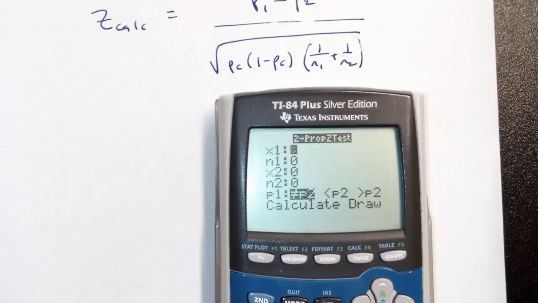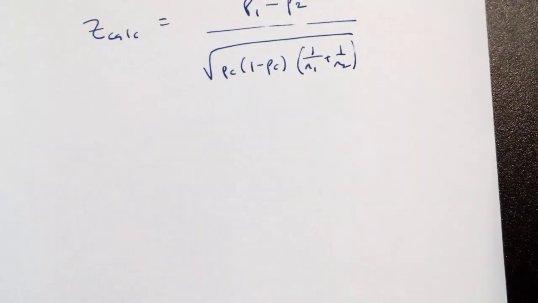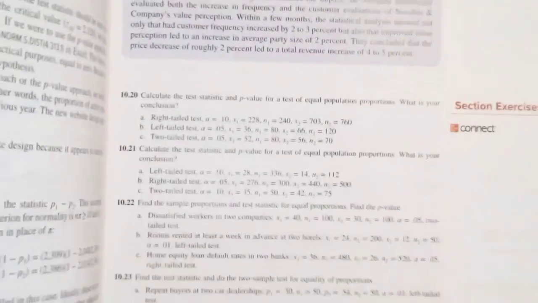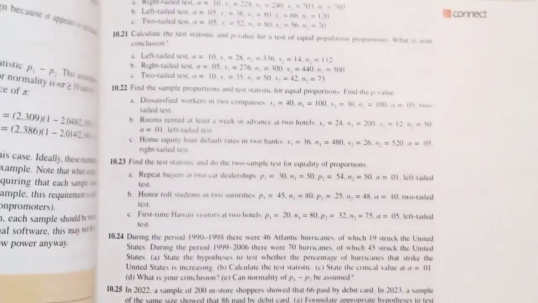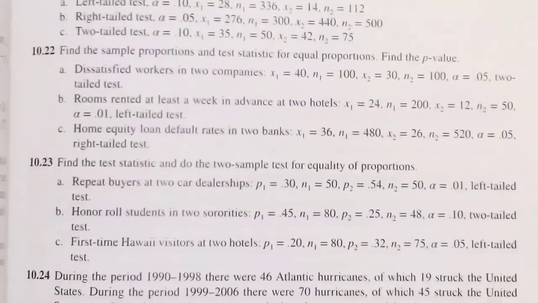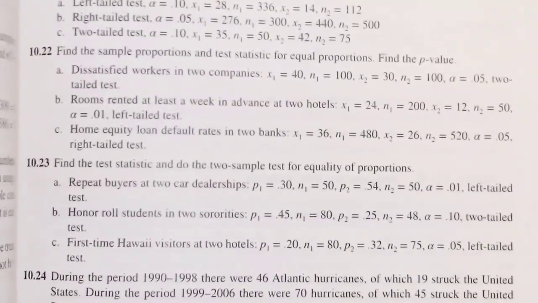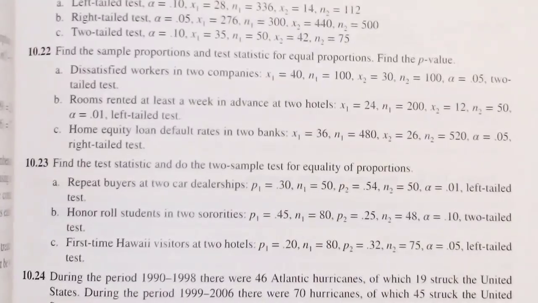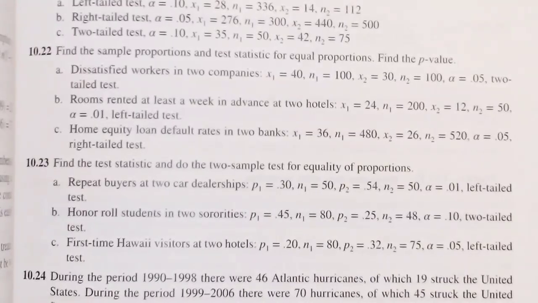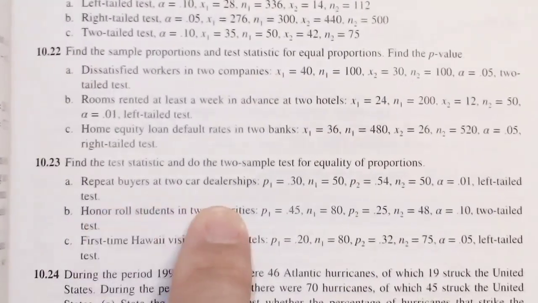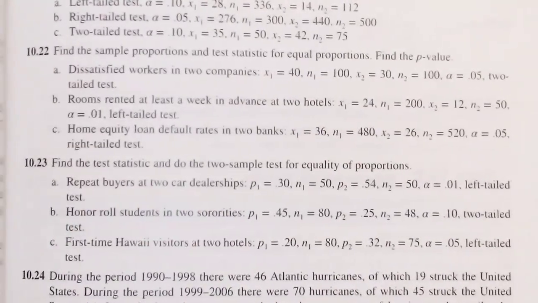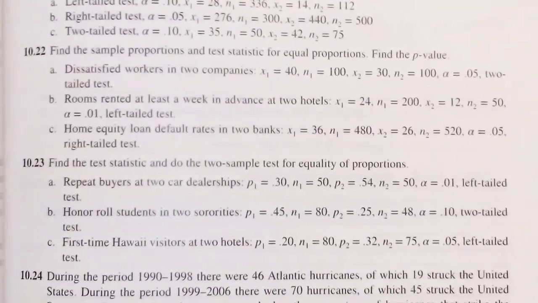So in a problem like this one, problem number 23, A, B, or C, pick one. We'll do whichever one you want, A, B, or C. A. Repeat buyers at 2 car dealerships. How many people come back to buy another car?